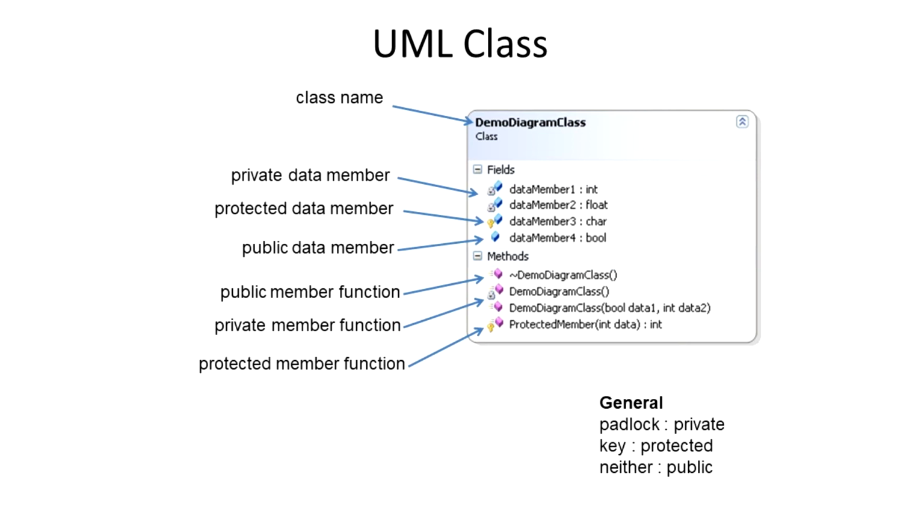And then lastly, the data member below that with no padlock or key refers to public. You'll also notice these being applied to the member functions as well. If you look in the final section, you'll see the padlock and the key, as well as no icon, referring to private, protected, and public. So that's just a simple key to guide your use of interfaces and the access modifiers that you use.